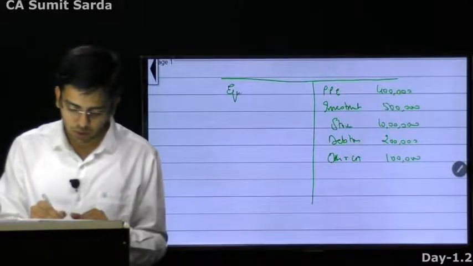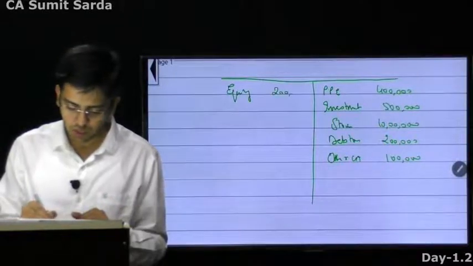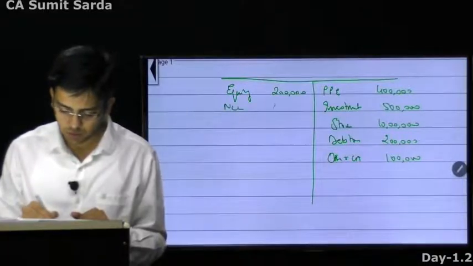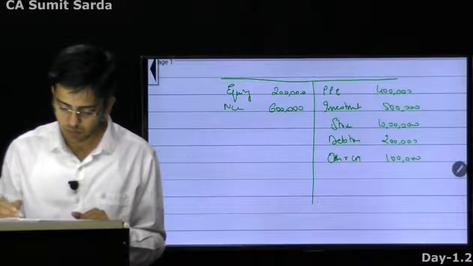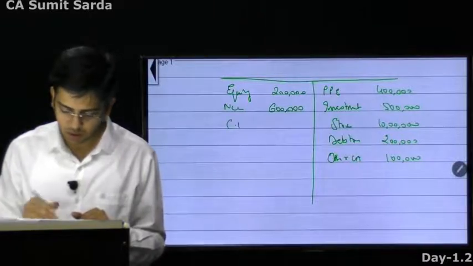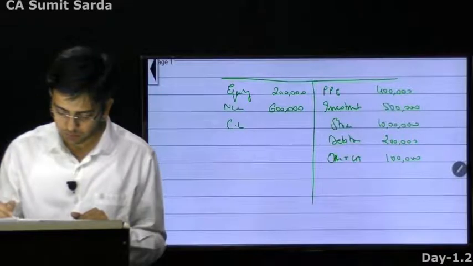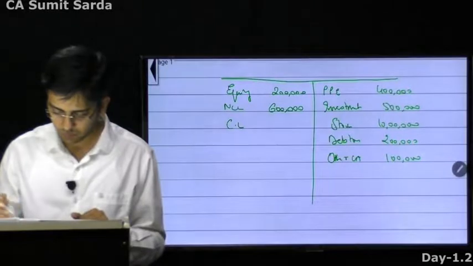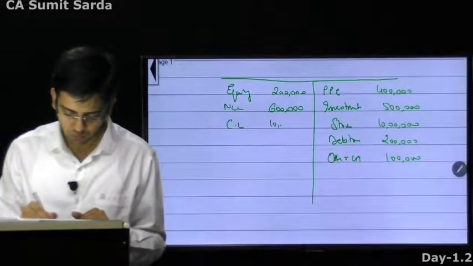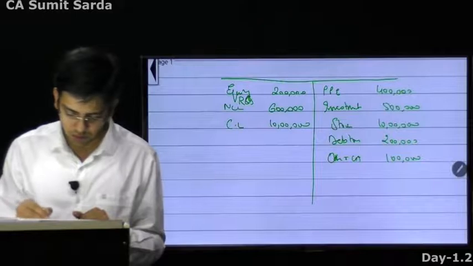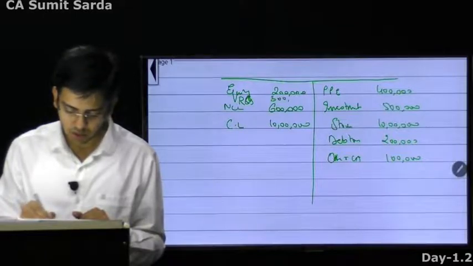Now we have an equity worth 2 lakh, non-current liabilities worth 6 lakhs, and current liabilities of 10 lakh. I forgot to write reserves and surplus of 3 lakhs.